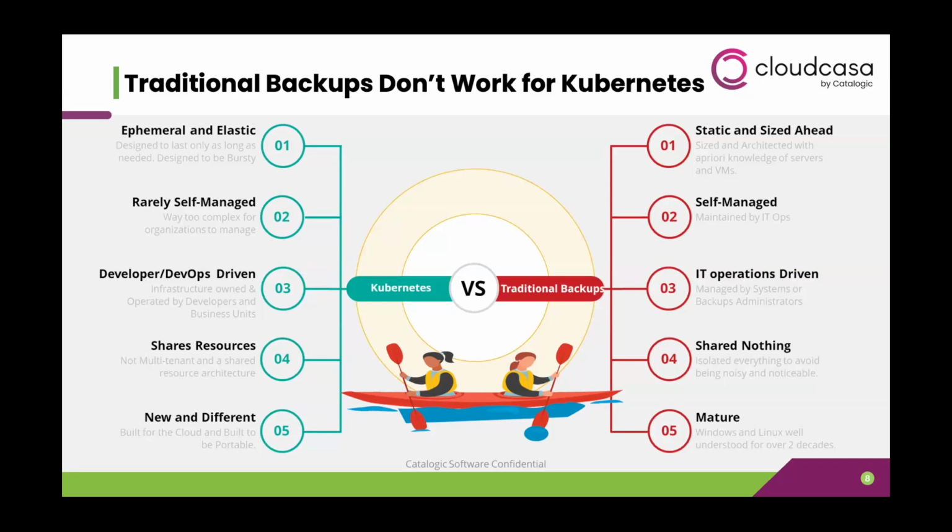So we'll not resolve that debate here today. But if you do go down the path of stateful workloads with Kubernetes, there are some challenges. In the interest of time, I'm going to skip through this, but the traditional data protection approaches don't work in the Kubernetes world. Hence, there is something purpose-built, Cloud Casa, for that use case.